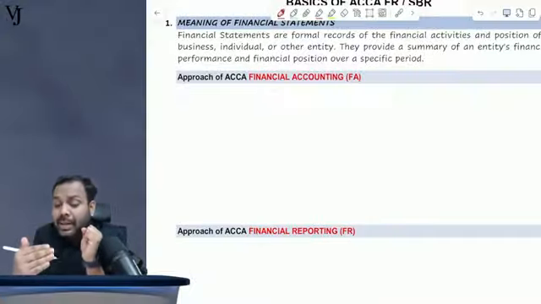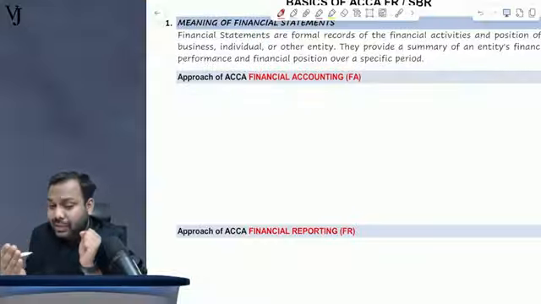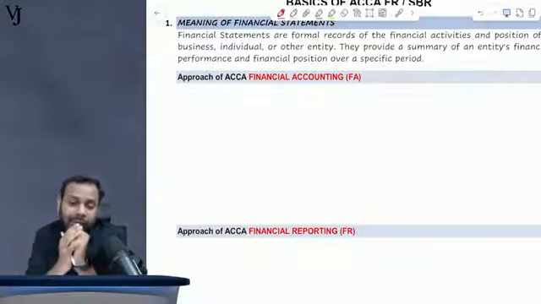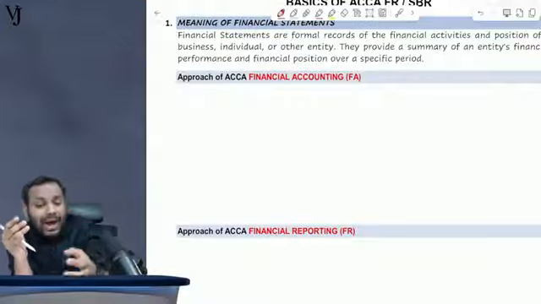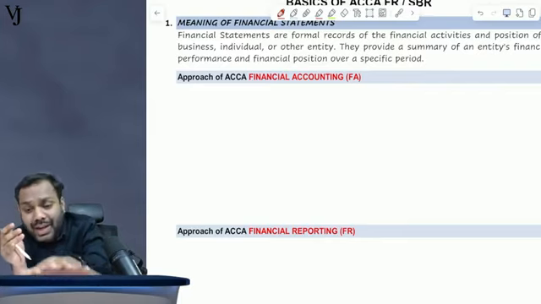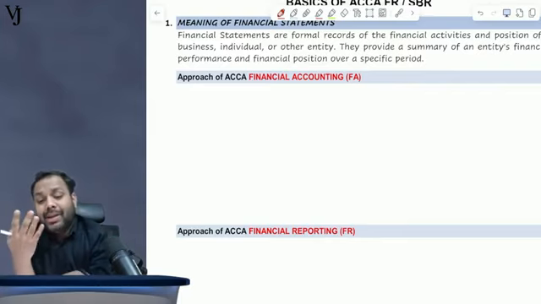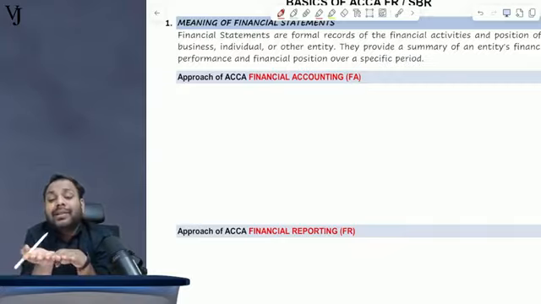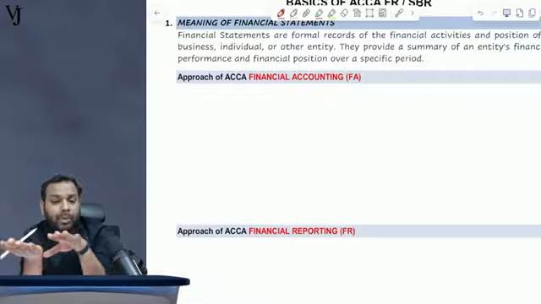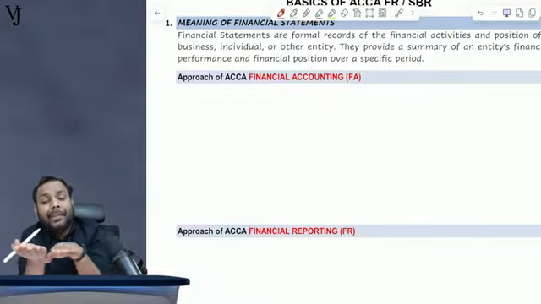As of today, a few IAS are still existing and there are new IFRS as well. So both IAS and IFRS run parallelly now.